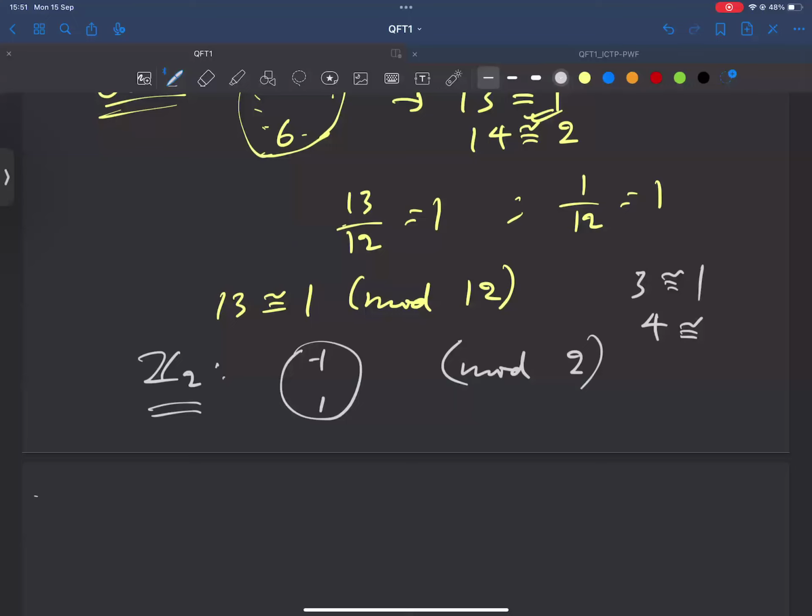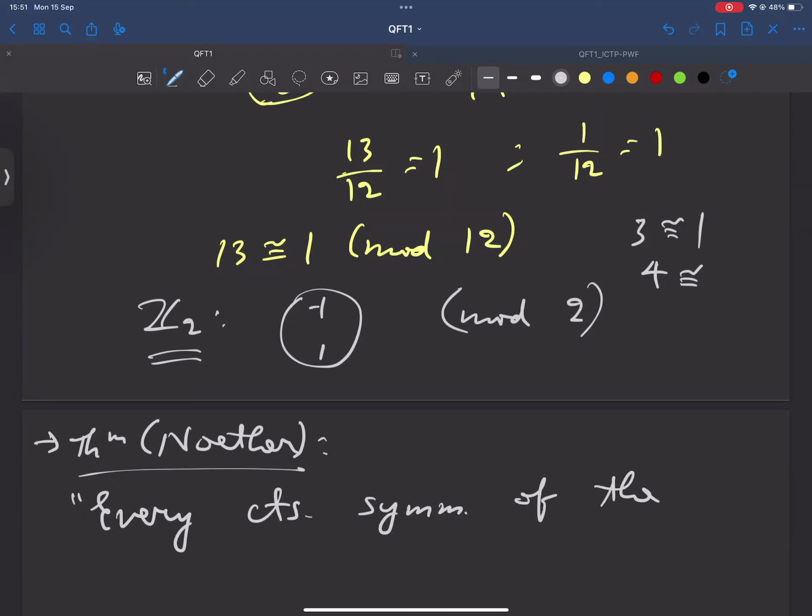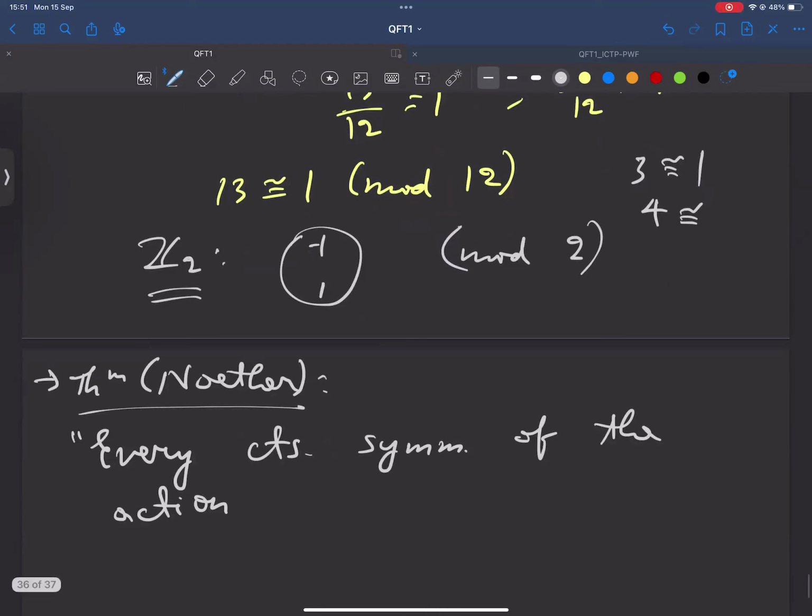Now let's state Noether's theorem. Noether's theorem states that every continuous symmetry of the action gives rise to a conserved current.